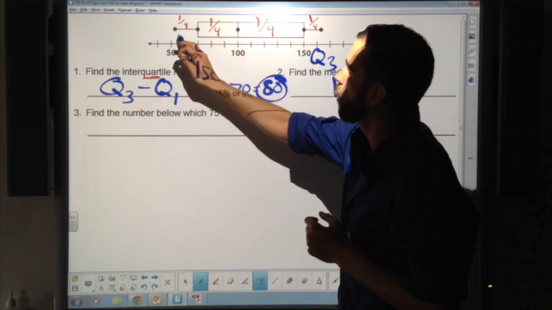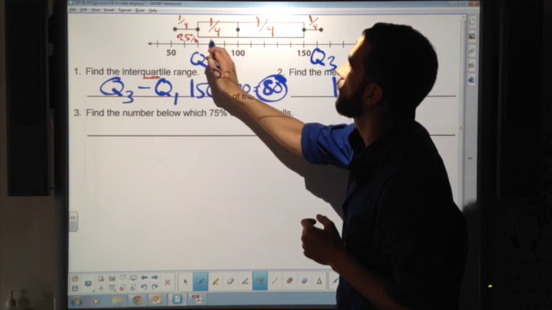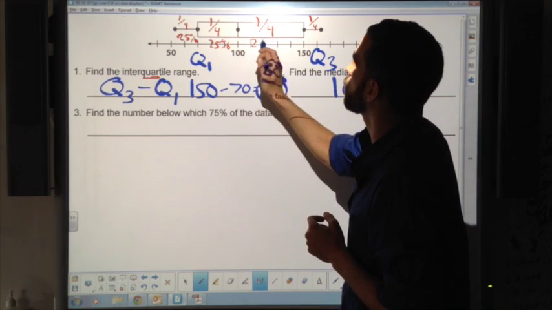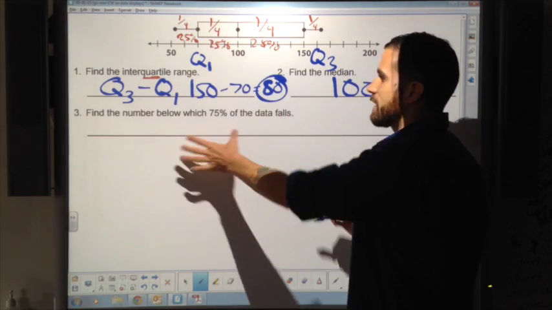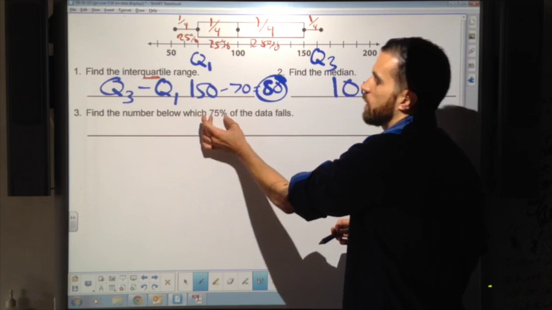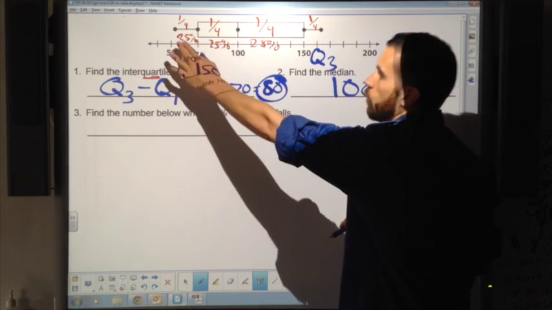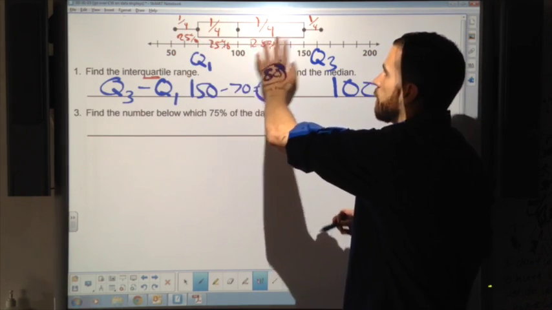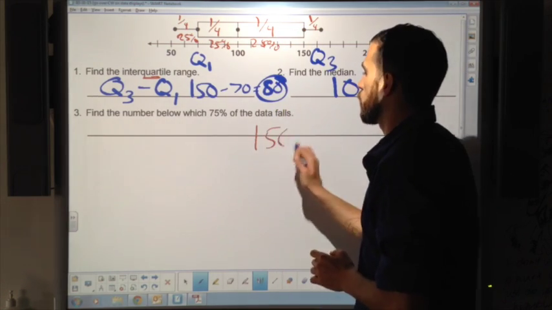So 1/4 also means 25%. So all of these are really 25%, and it says what number below which 75% of the data falls. Well, 25, 50, 75, the answer is 150.